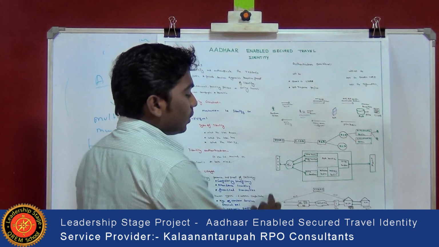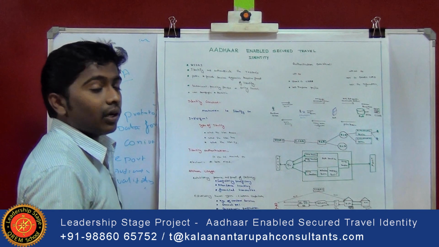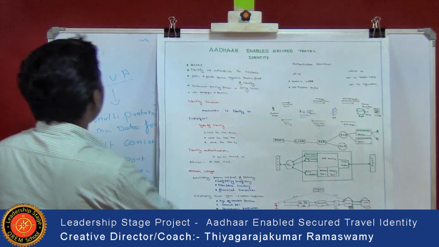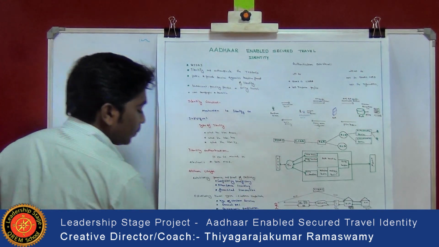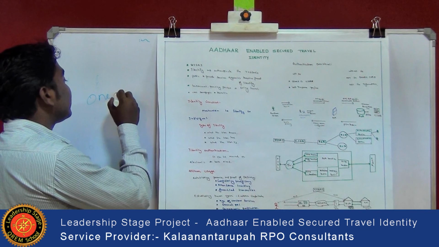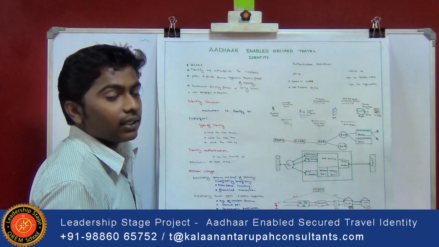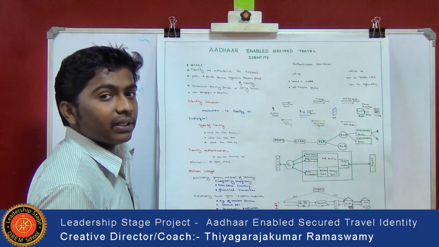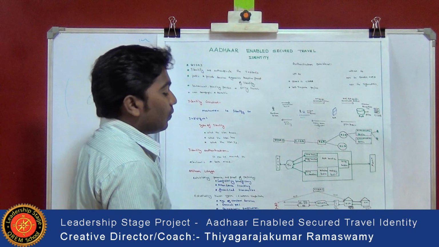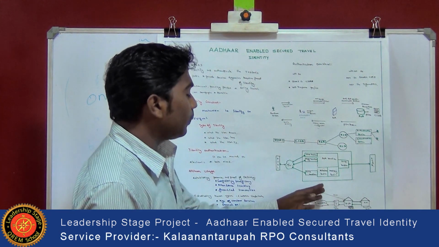This is the flow diagram of a bank transaction using Aadhaar. It uses a one-time password, that is, for every transaction only one password is generated. For the second transaction, another new password will be generated. First, the user will request a password from the CIDR.